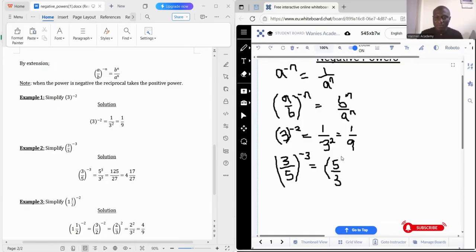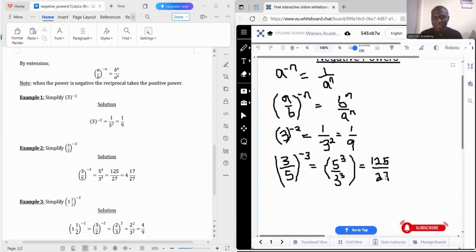And the power comes back as positive, which is raised to power 3 in the numerator and raised to power 3 in the denominator. With this, we can have it as 5 raised to power 3 is 125 over 3 raised to power 3 is 27.